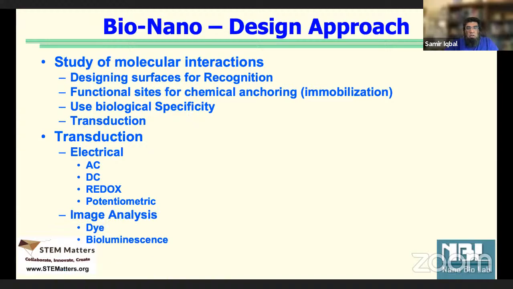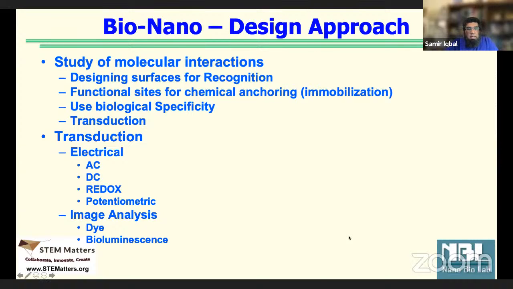So that's what we call colorimetric biosensors, where we are looking at an image, a real image, or we take a snapshot or a video, and then we analyze what is happening and what the changes are in the dye that we have introduced, or luminescence from a bioentity, or quantum dots, or any molecule or combination which gives out light.